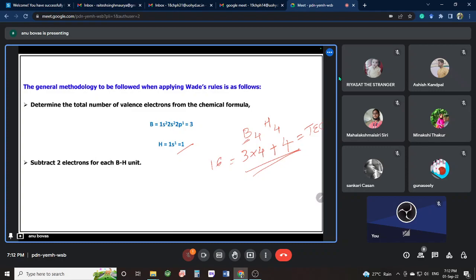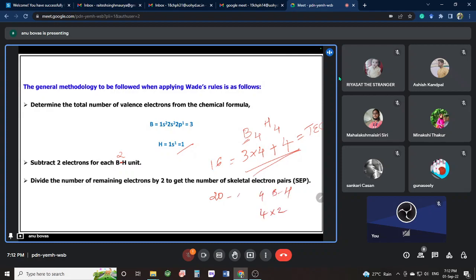So among 16, some electrons will be used for the formation of BH units. Each BH unit, as we can see, has a sigma bond, so it is made of 2 electrons. So for each BH unit, we have to subtract 2 electrons. And the remaining electrons we have to divide by 2 to get the skeletal electron pairs. For example, if 20 is the total electron count and there are 4 BH units, then we have to subtract 4 into 2, that equals 8.